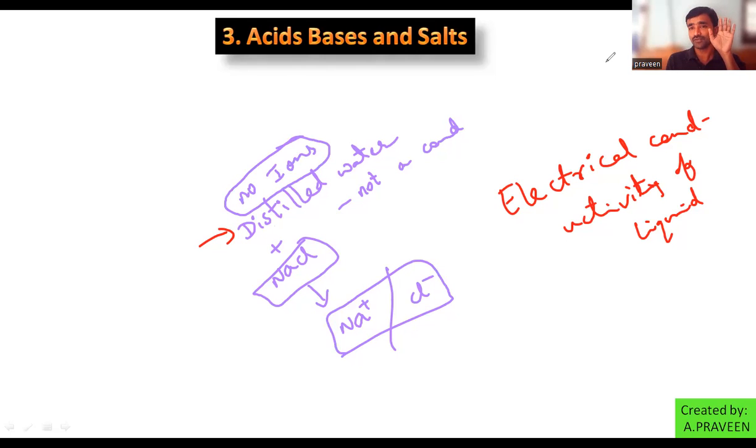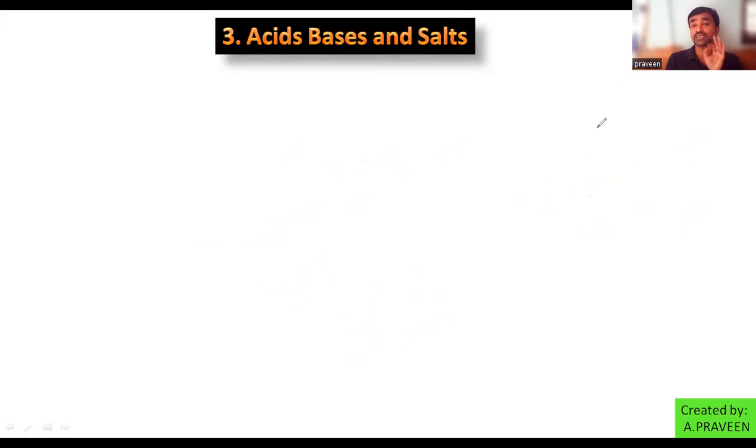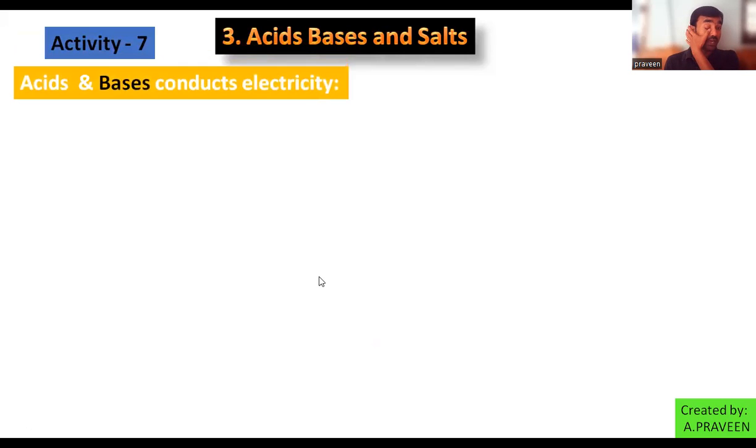Have you got an idea why I am explaining this concept? Without ions, no conduction of electricity. That we learned in 8th class, electrical conductivity of liquids. So here without ions, no electricity passes through any liquid. So now we are observing the electrical conductivity of liquids using different solutions, right? Acidic solutions, basic solutions, neutral solutions, etc. So simply, do acids and bases conduct electricity?